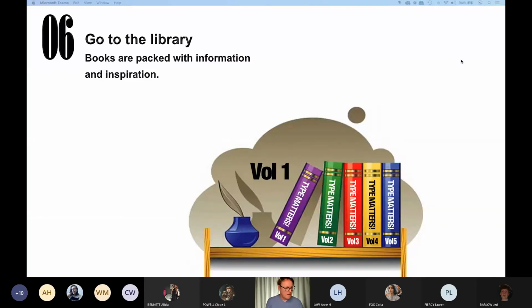So never underestimate the importance of literally going to the library for more information. In a library, you will find potentially a lot more depth. And also, it's much easier to flick through the pages of a book for inspiration than it is to scroll from page to page.